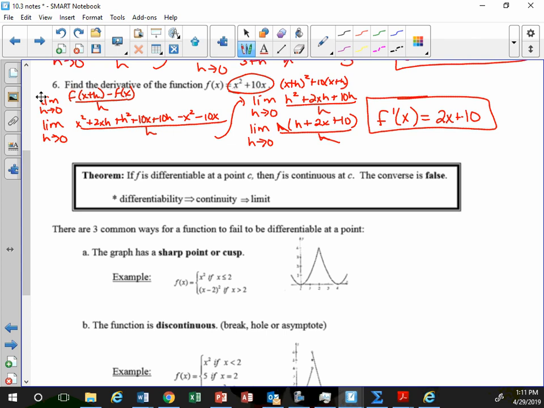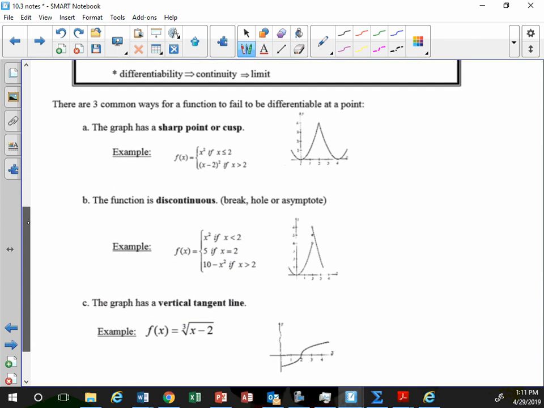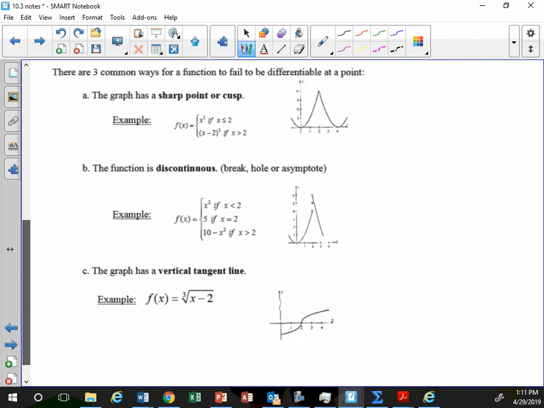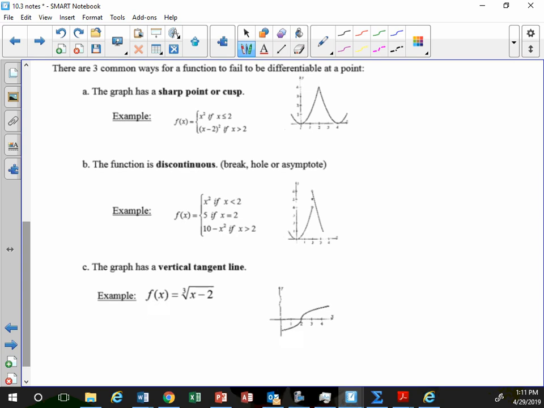Alright guys, we gotta keep going here. This next part is super important, so I would definitely pay attention to what I say. So three common ways for a function to not be differentiable. Differentiable means you can take the derivative. So if it's not differentiable, that means you cannot take the derivative in these three cases.